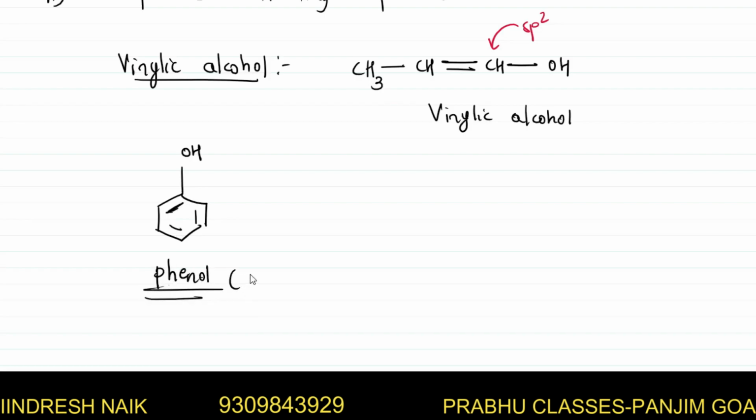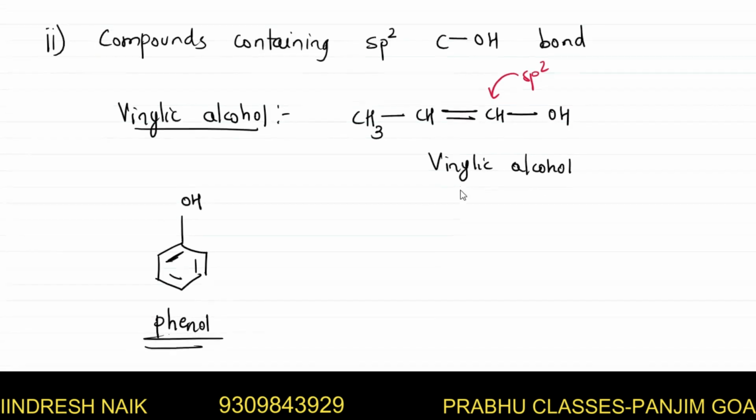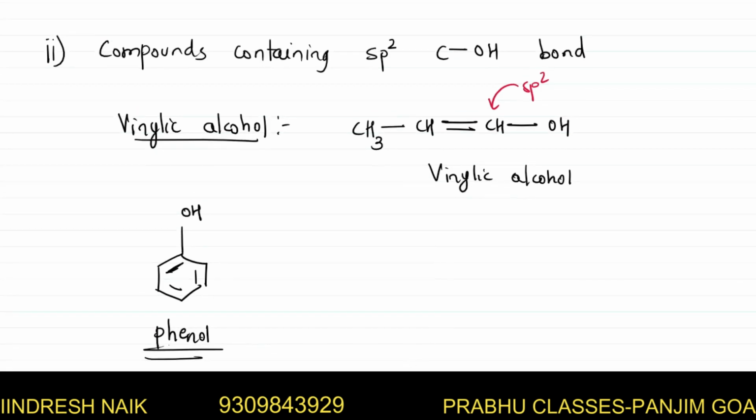It is a new category. It is a phenol, right? So this was the classification of the vinylic, allylic, and the benzylic, and we learned about what is the meaning of primary, secondary, and tertiary. So see you in the next class. We'll learn about the preparation methods of the alcohols and phenols. Thank you.